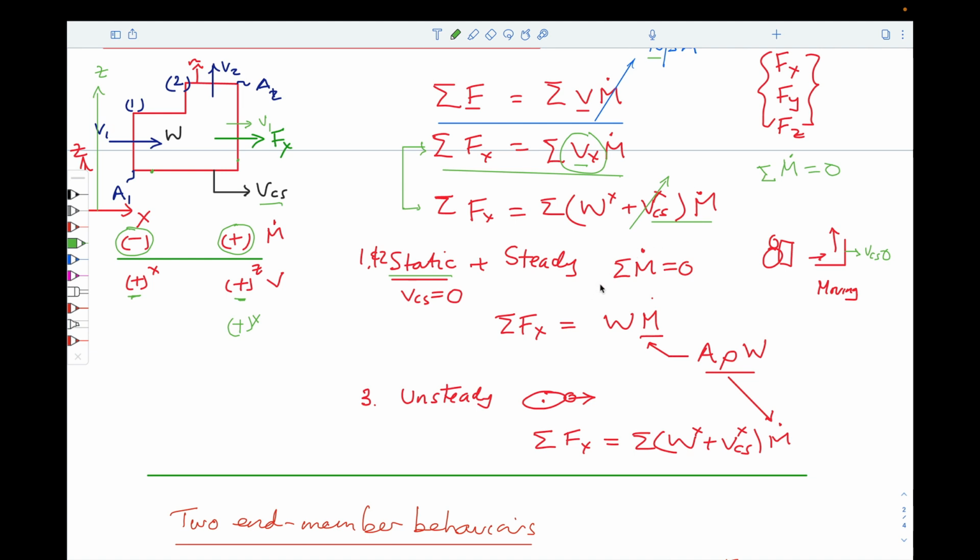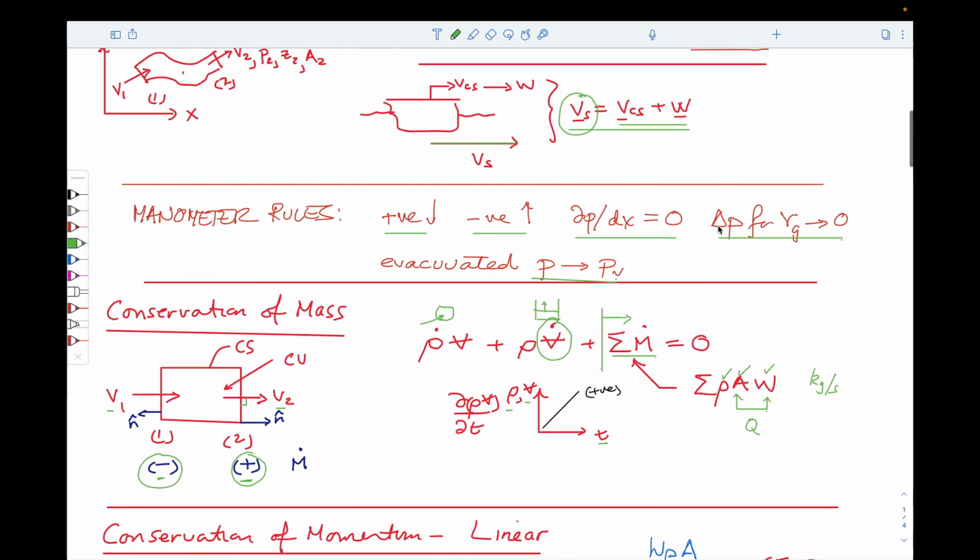So for steady problems, we can reduce it to this behavior, which is the velocity across the boundary multiplied through by the mass flow rate, summed. And so we can use that to do two behaviors. We can set the forces equal to 0 and calculate what the velocity is, because we know that we can split this term here into magnitudes.